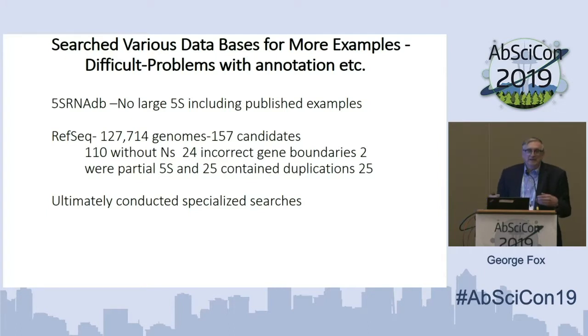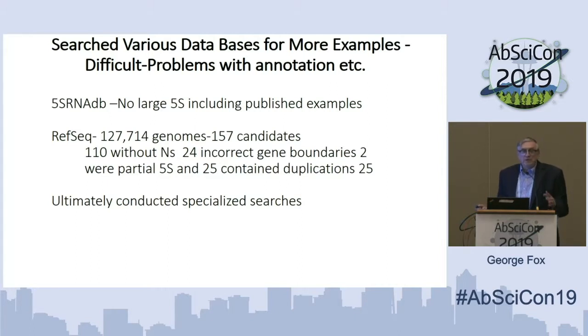So when people annotate these things, they have a hard time finding where it starts and where it ends. And there's some problems with insertions. There were a lot of 5S RNAs that just had a duplication in the middle. And of course, there were a lot of them in which various portions were just ends, so the sequence was not complete. So I can continue forever.